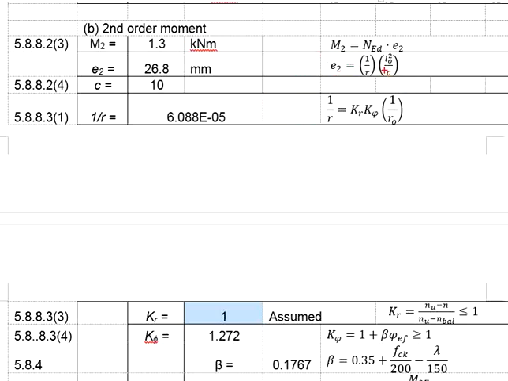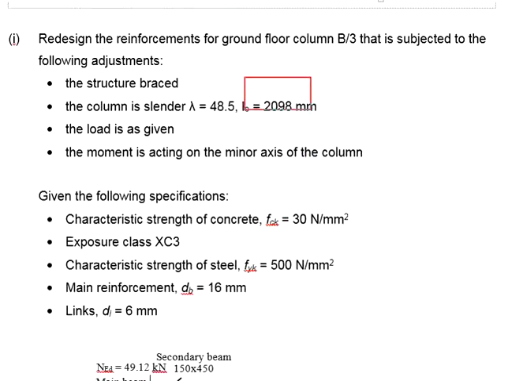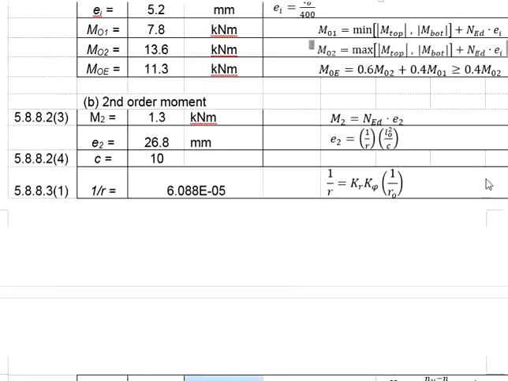You need also the c. c is a constant given as pi squared, and also the effective length of the column, that is 2-point-something meter as given in the question. Substitute the value, you get E2 equals 26.8. Multiply by the NED 49.12 kN. You have your M2 equals 1.3 kN meter.